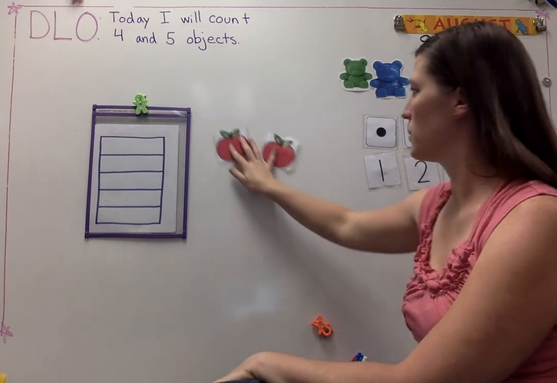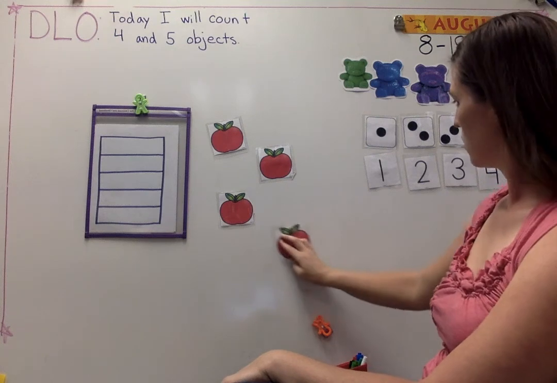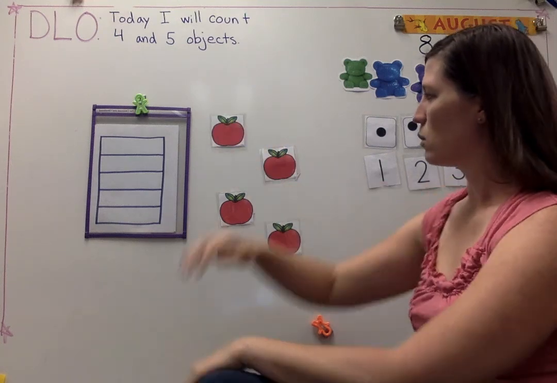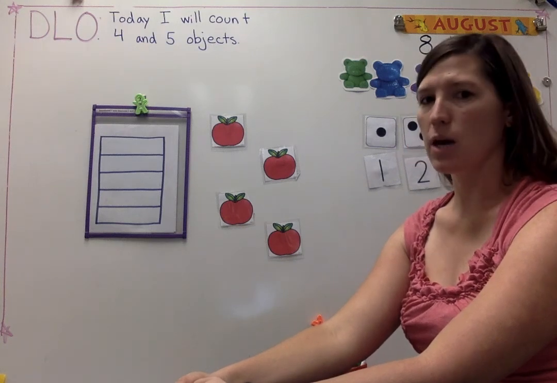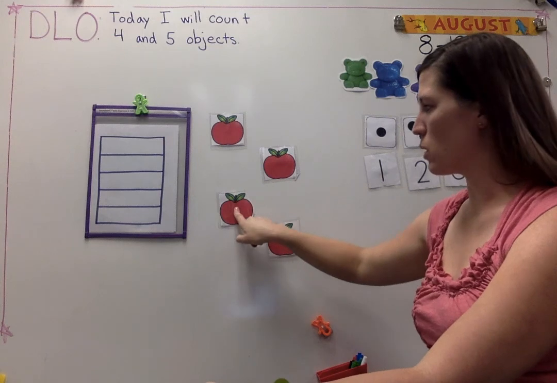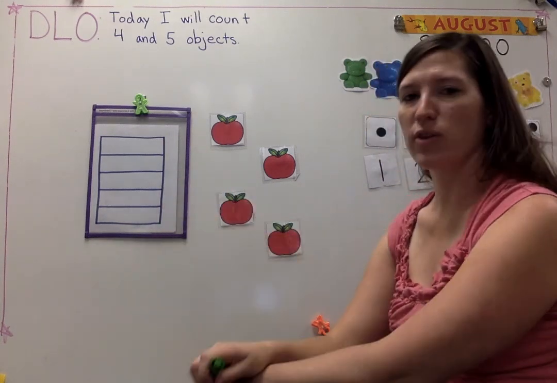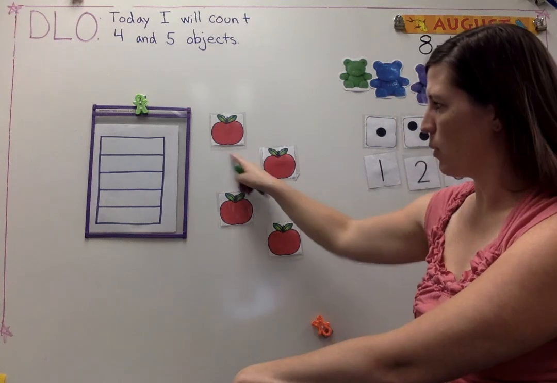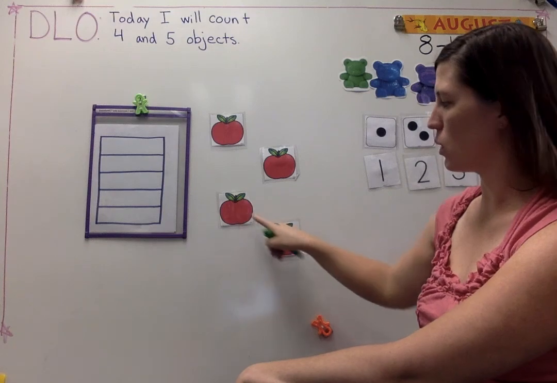Let's do apples. How many apples do you see? Let's count. 1, 2, 3, 4. How many bars will I fill in? How many apples do I have? 4. 1, 2, 3, 4.